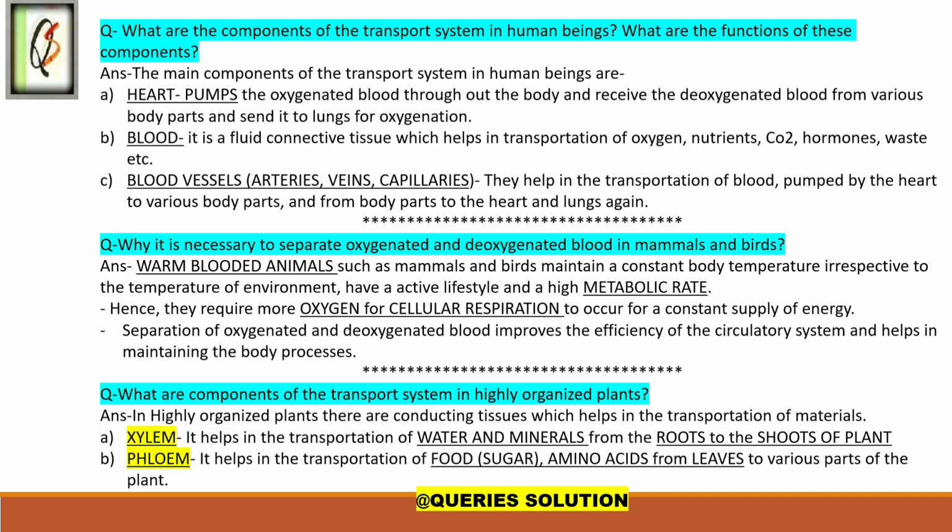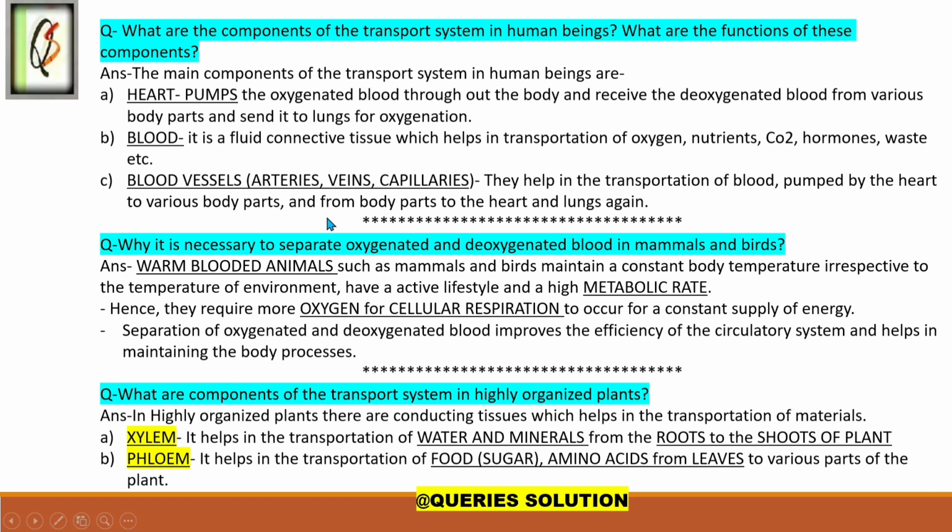Why do we have a separation? I told you the answer at that time also in the video, that this separation will not allow mixing of the blood to happen, right? So that's the question asked. Why is it necessary that blood should not mix together? Why should oxygenated and deoxygenated blood be separate and not be mixed?